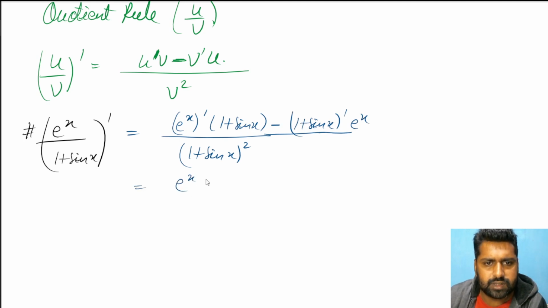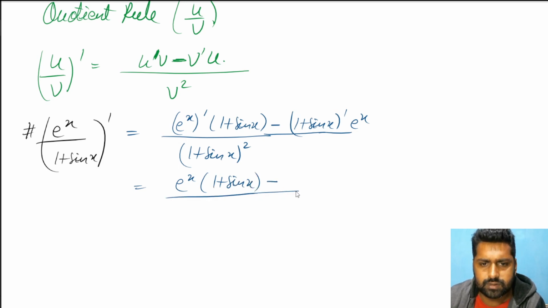So this becomes e raised to power x, 1 plus sine x, minus, this becomes 1 plus sine x differentiation is cos x, differentiation of 1 is 0, differentiation of sine x is cos x. And this becomes e raised to power x, 1 plus sine x whole square.